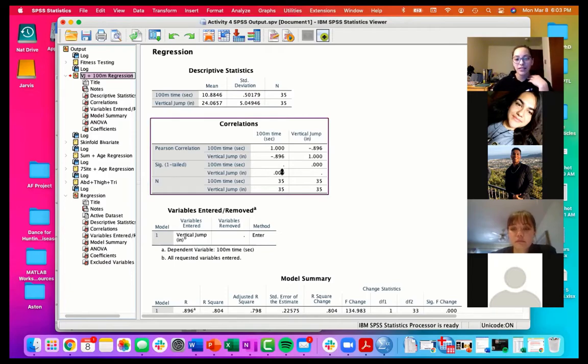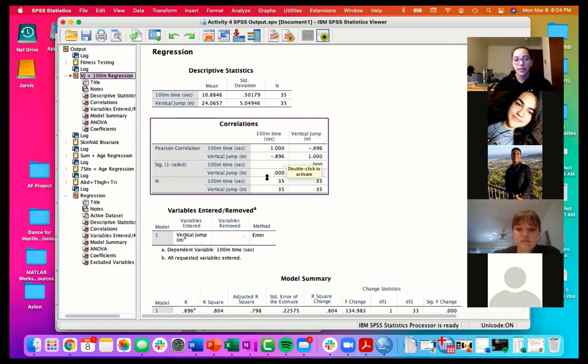So really the answer to that question would be this p-value here, because it's looking at the sig value, or significance, of this correlation coefficient, right? The strength is a strong negative relationship, meaning that as vertical jump increases, 100-meter time would decrease. So it's inverse.